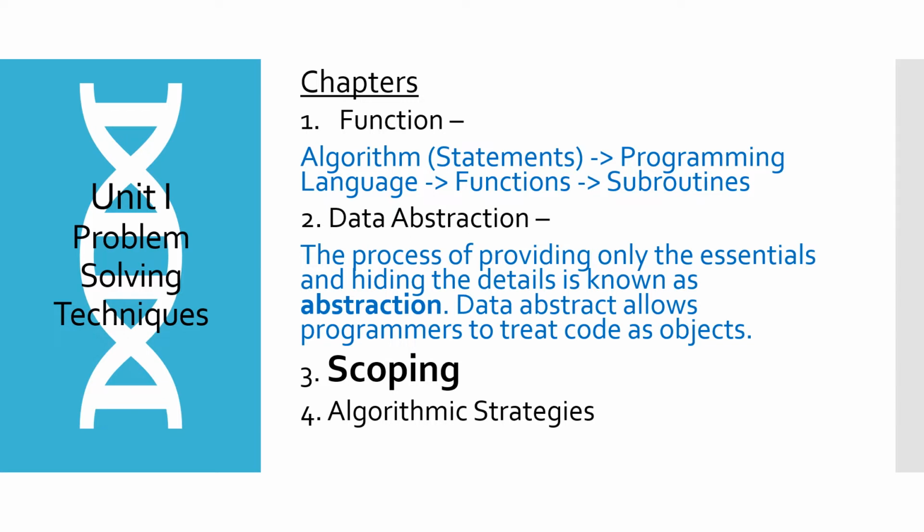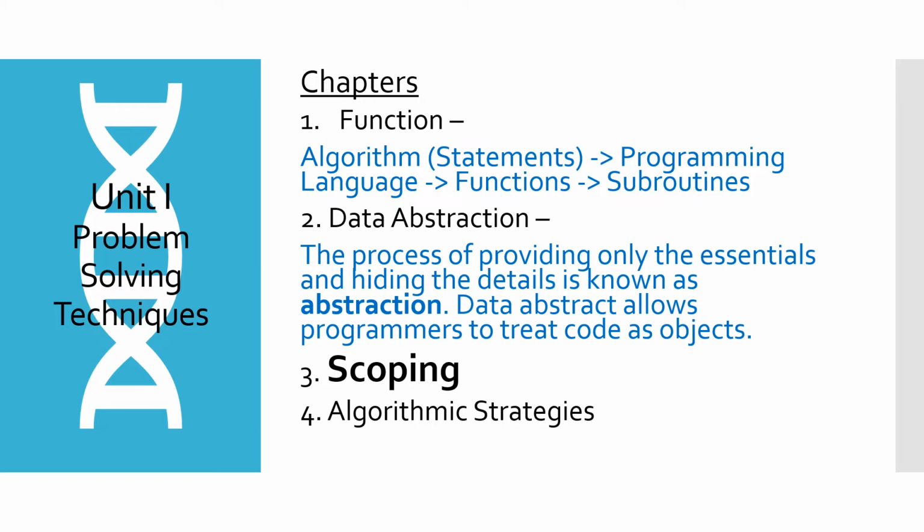And a subroutine is nothing but a small code or a task which helps to achieve an outcome. For example, if you want to do an addition of 1 plus 2 is equal to 3, you can build a subroutine. So multiple functions form a programming language, and a programming language is actually built using the algorithmic statements as well.